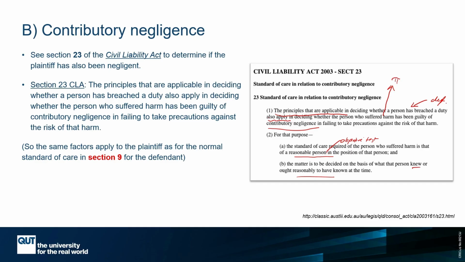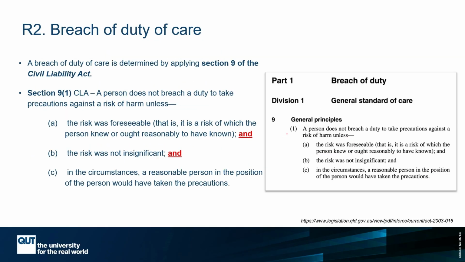Those principles that we apply to the defendant are contained in Section 9. I've just flicked back to breach, to Section 9, where you can see these are the general principles that we apply to the defendant. And they're the same principles that we apply to the plaintiff for contributory negligence.